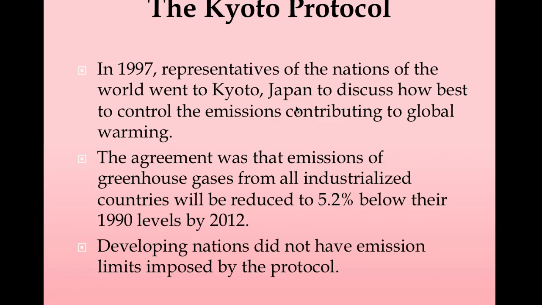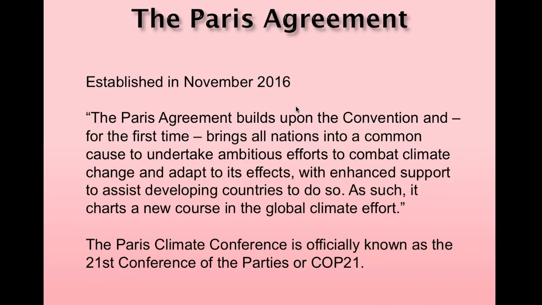But the goal of the Kyoto Protocol was to reduce greenhouse gas emissions from industrialized countries below 1990 levels by a certain year. The Paris Agreement is the more recent international convention, and you might recall hearing about that perhaps last year or the year before.